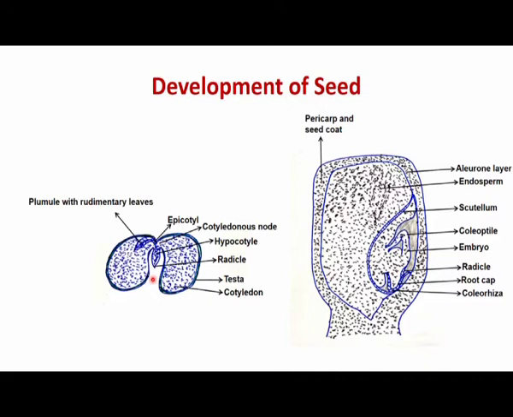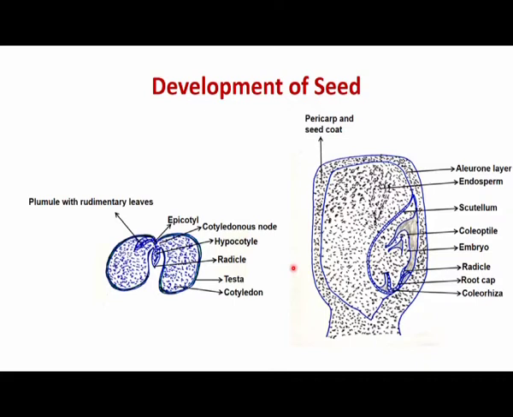The inner integuments form the tegmen, and the micropyle remains in the form of a fine pore. The funicle is transformed into the stalk of the seed, so that it holds the embryo, and the hilum marks the point of attachment to the stalk.